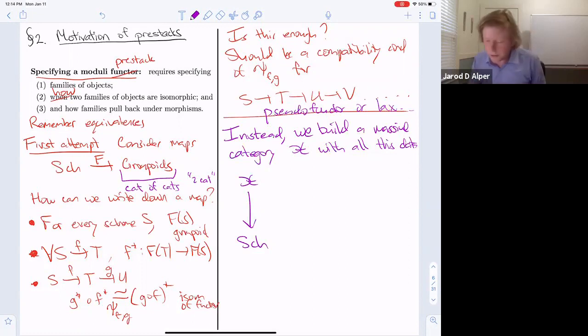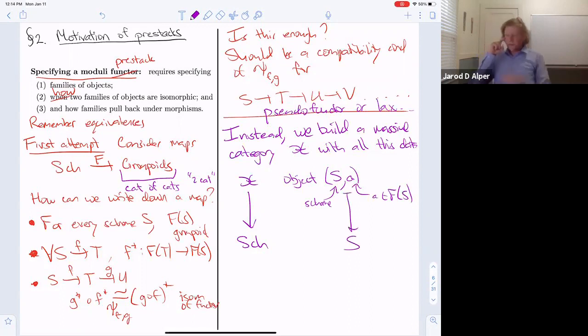An object of this category corresponds to a scheme S and an object A, where A is an element of F(S). And then this object lives over the scheme S.